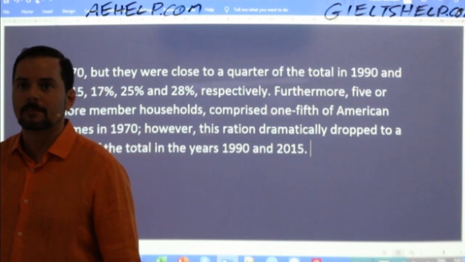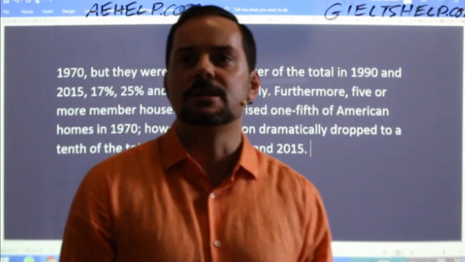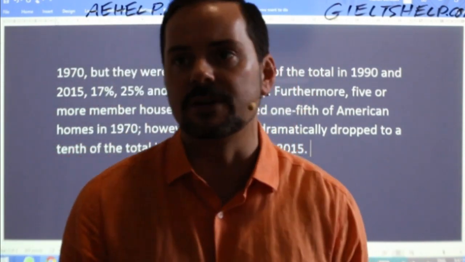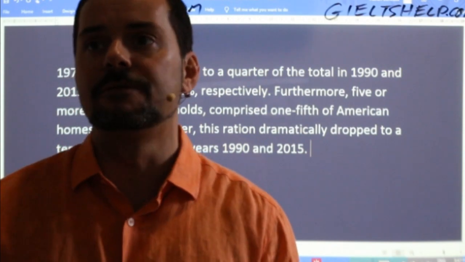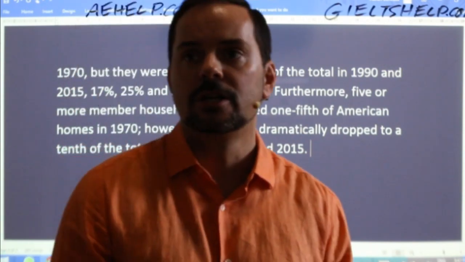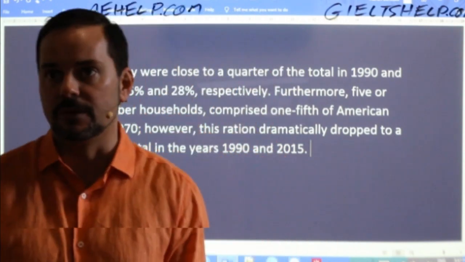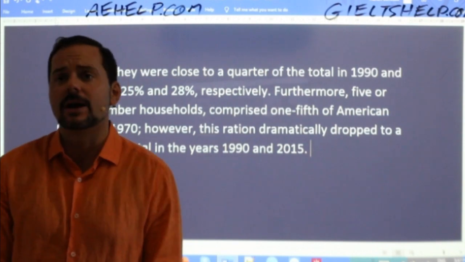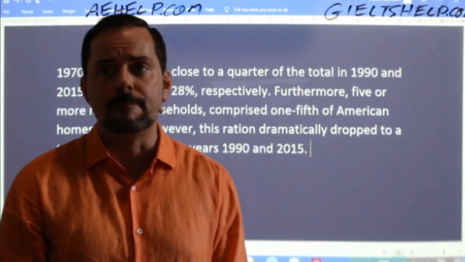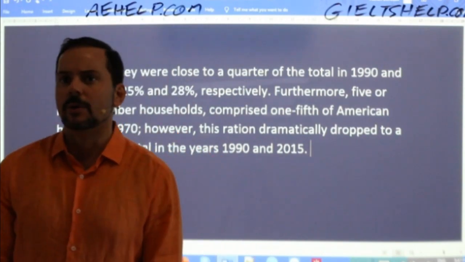Okay? All right, Zaid Nawafa says 5-person occupancy was 1/5 of the total in 1970 in USA, but it was half of this in the years 1990 and 2015. So Zaid, just at the end, a little bit of correction, but yeah, you're right. It's half of the number in 1970. So half of the proportion or ratio.